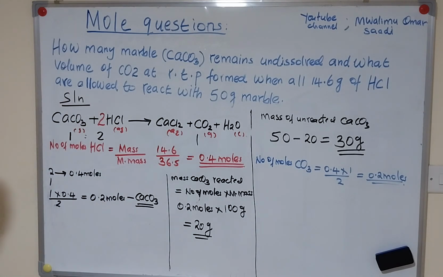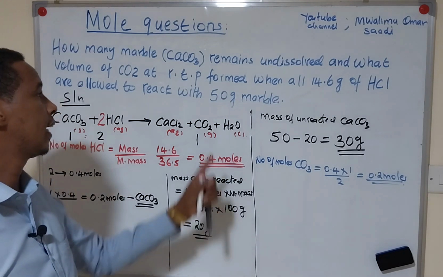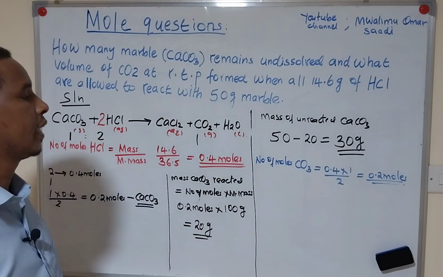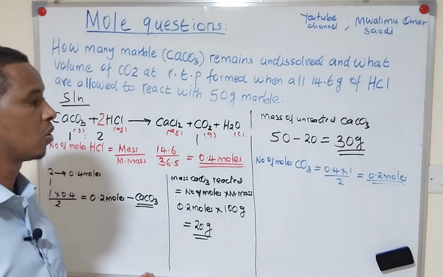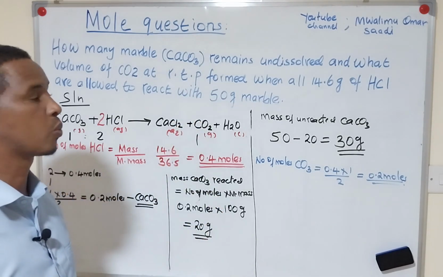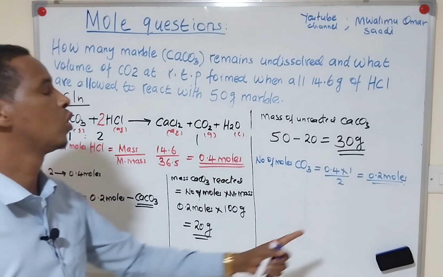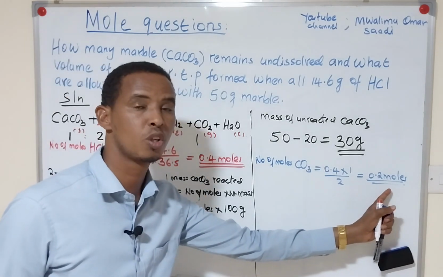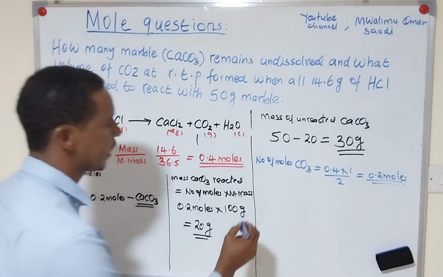To get the volume of CO2 gas at RTP, it is very easy, because 1 mole of a gas at RTP occupies 24.0 dm cube. So we find what 0.2 moles of carbon(IV) oxide gas occupies.